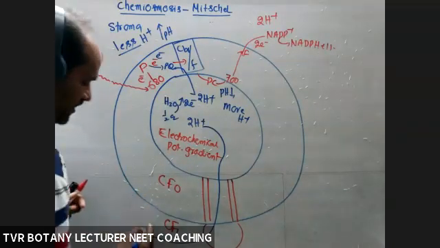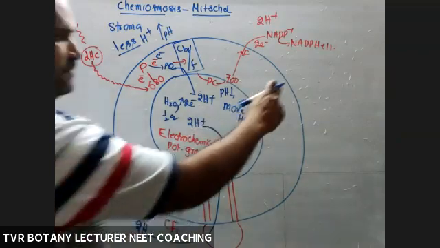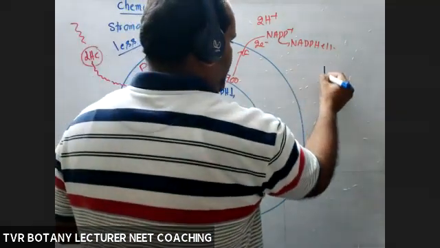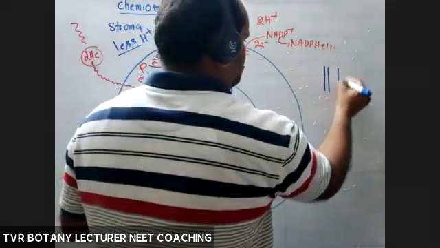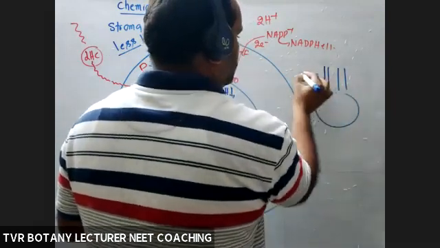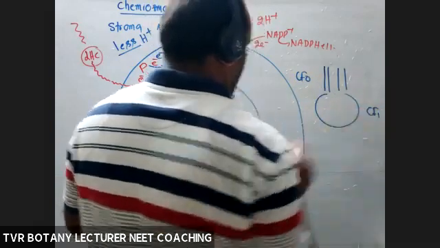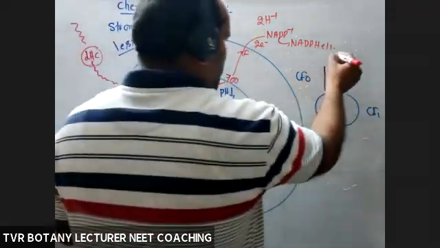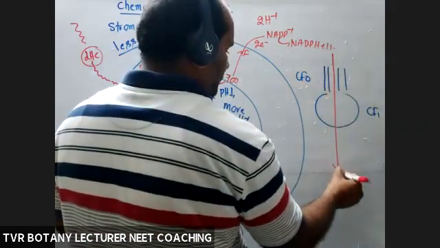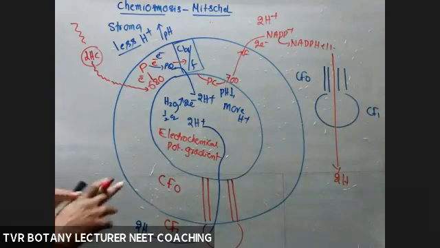So during transportation of 2H plus, for example, some amount of energy is liberated here. Come back. So this one is the ATP synthase complex, head part. This one is CF0, this one is CF1. So now 2H plus transported from lumen to stroma.